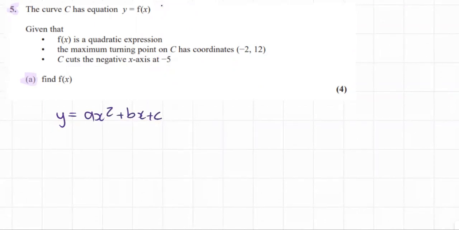Okay, so if we look at a quadratic function, this is the general form. A quadratic expression in its general form is ax squared plus bx plus c. But then we have two other forms that we could have it in.